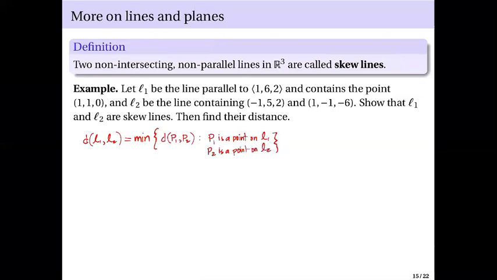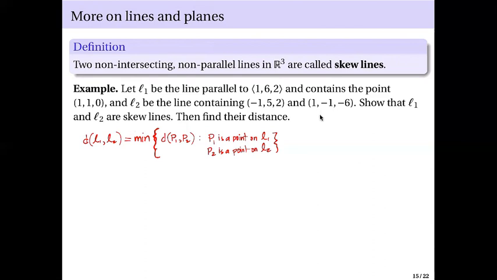So that's how we define the distance between two lines. And this also works for the distance between skew lines. You get all possible distances and you choose the smallest. That will be the distance between the two lines.